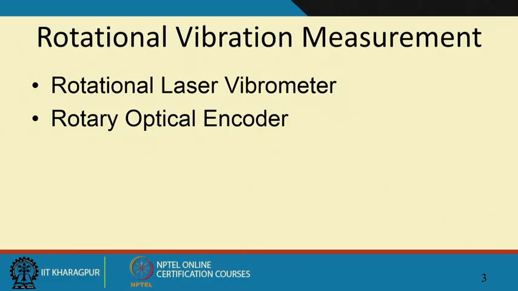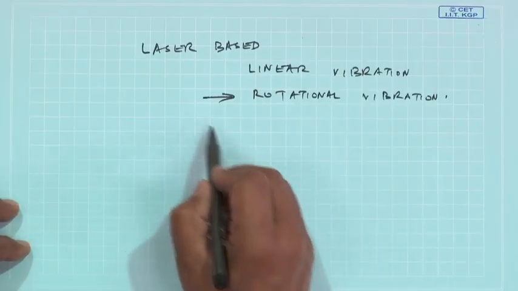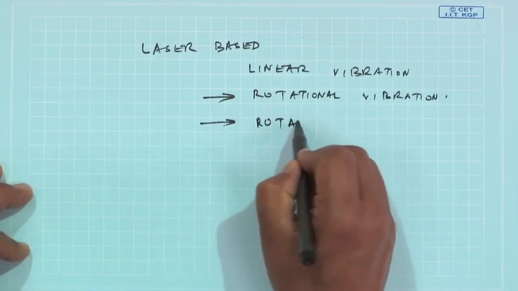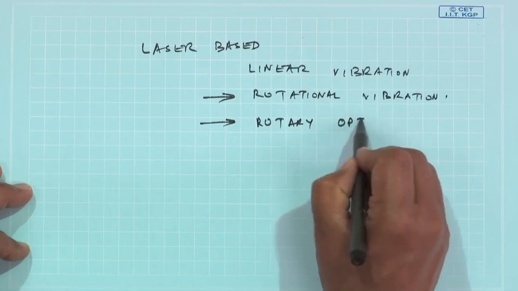For rotational vibration, there is also another very easy way, on which we have done some work at IIT Kharagpur, using optical encoders.